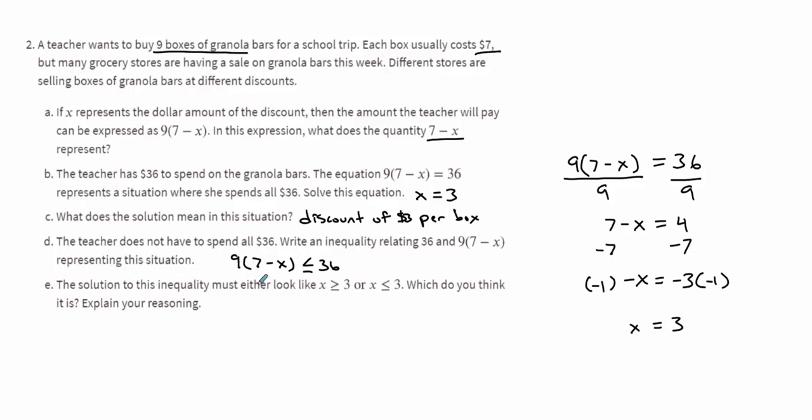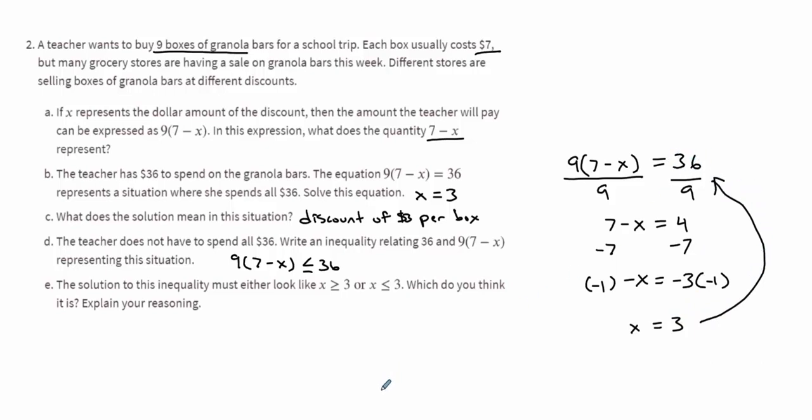The solution to this inequality must look like x is greater than 3 or x is less than or equal to 3. Which do you think it is? Well, we know that if the discount is $3 exactly, she'll spend $36.